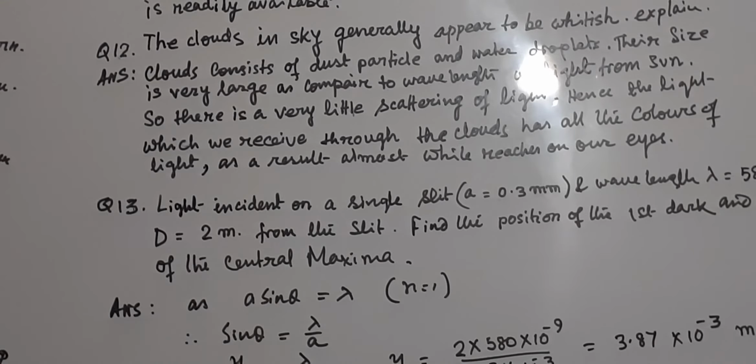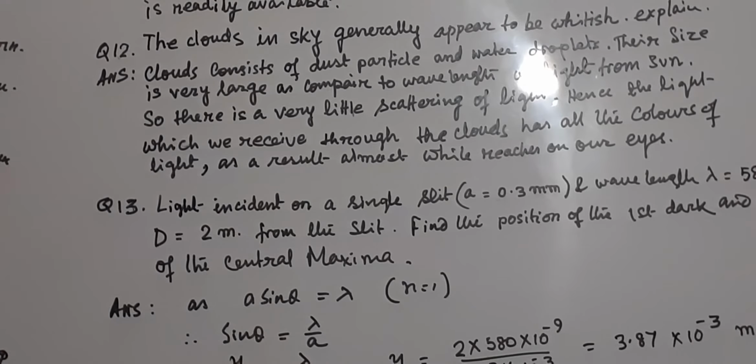So there is very little scattering of light. Hence, the light which we receive through the clouds has all the colors of light. As a result, it is almost white when reaching our eyes. That is why the whitish color is seen.